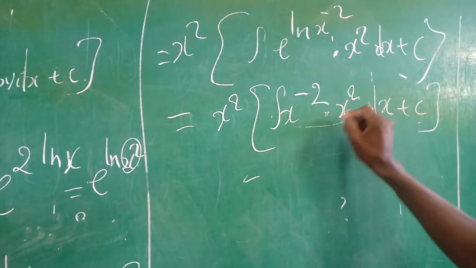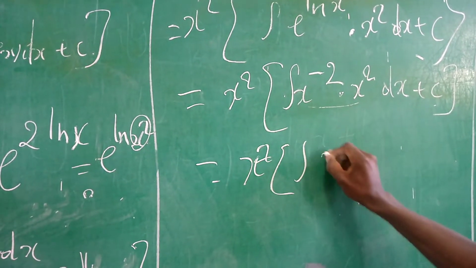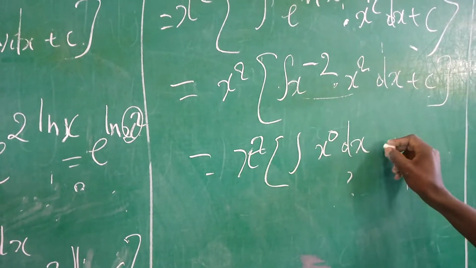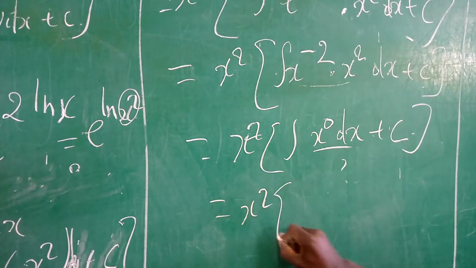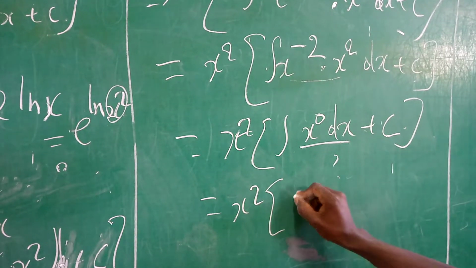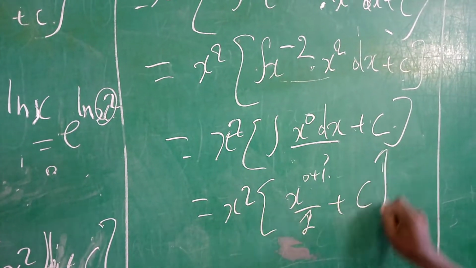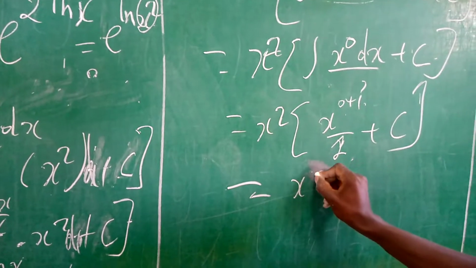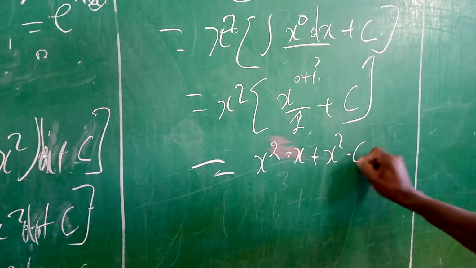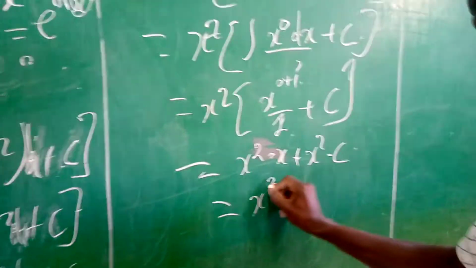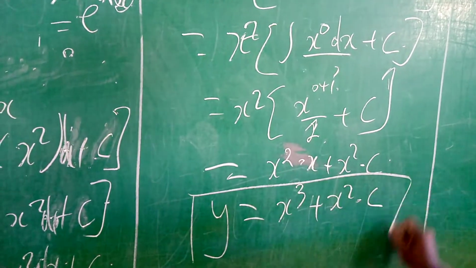Then remaining with this will give us x squared, integral of x power 0 dx plus c, and then hence we get x, and this we know that it is x power 0 plus 1 over 1 plus c, and the answer is x squared times x plus x squared times c, which is equal to x cubed plus x squared times c. And then this is the solution.